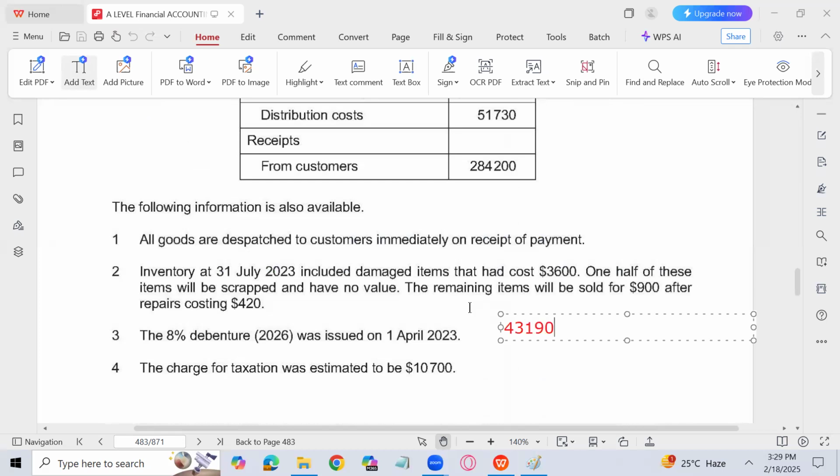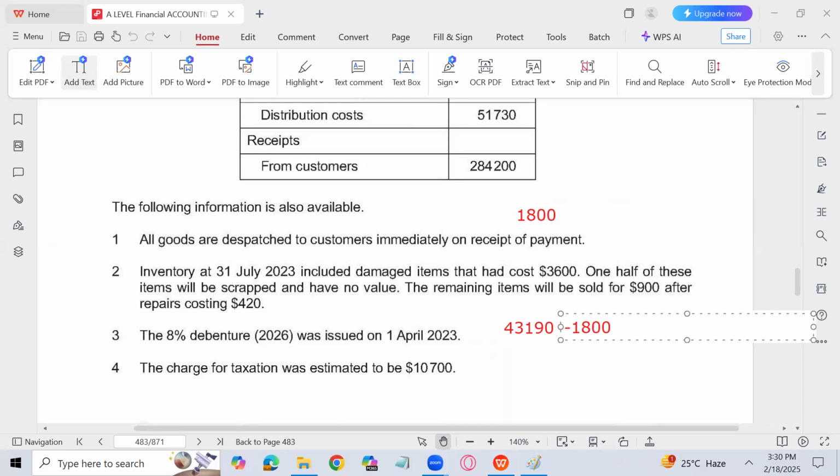In that particular inventory, 3,600 is included, and one half of these items will be scrapped and have no value. It means 1,800 of the inventory has been damaged and has no value, so it has become zero. It is a dead loss. So I can write here 43,190 minus 1,800, because that has been completely lost.